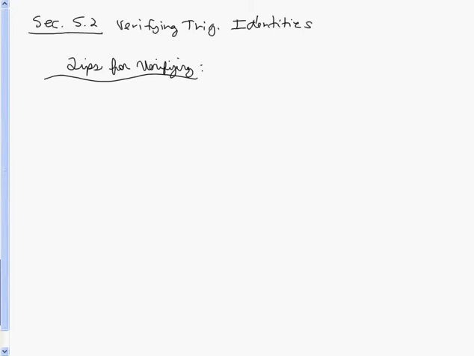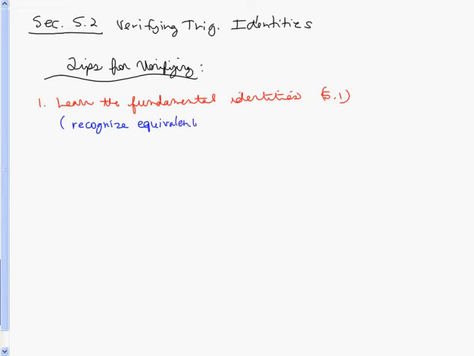All right, and tip number one is if you have not, you need to learn the fundamental identities that we talked about from section 5.1. If you haven't learned that, guys, you're putting yourself at a great disadvantage. So be sure that you learn that. And on top of that, I might note that you need to recognize the equivalent forms of those identities.